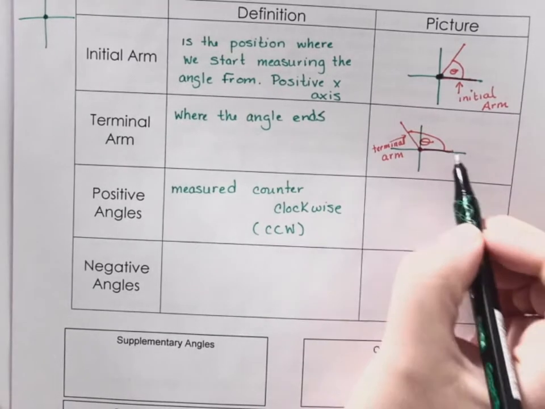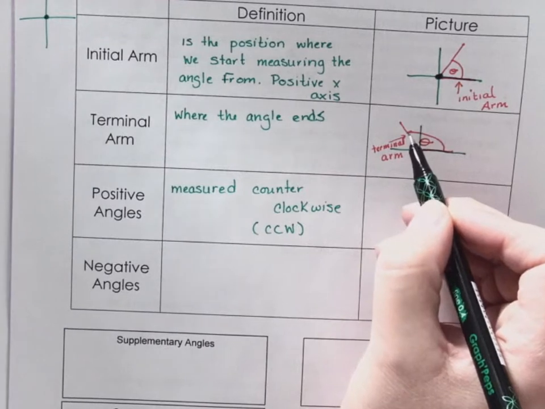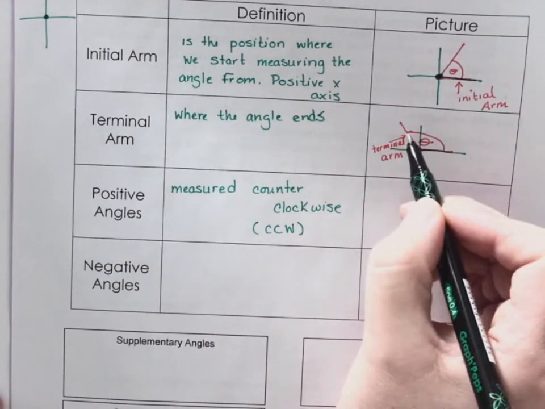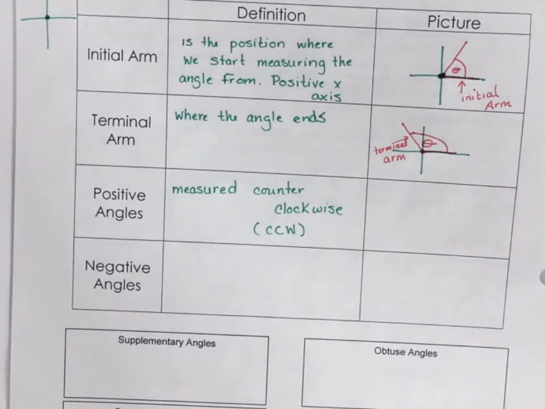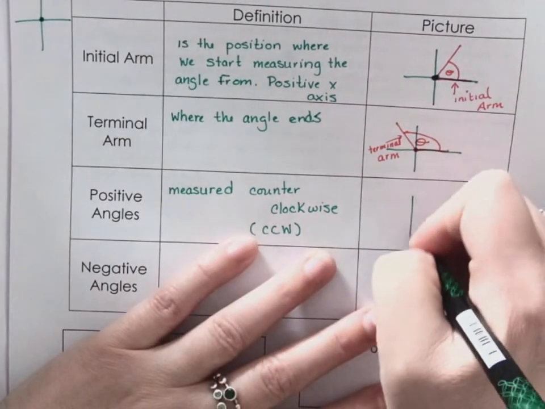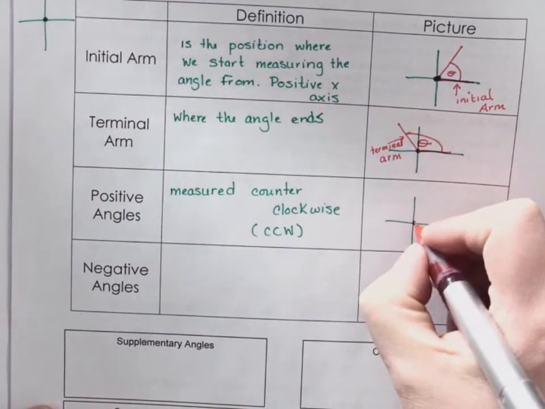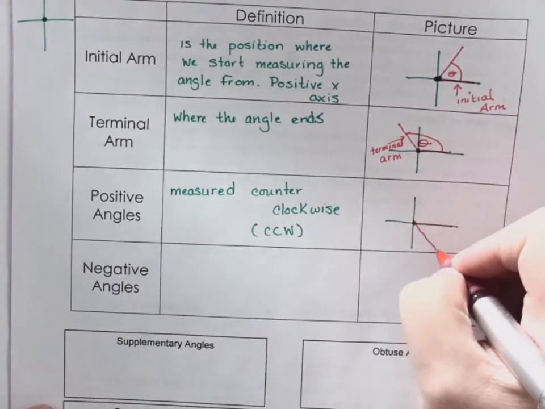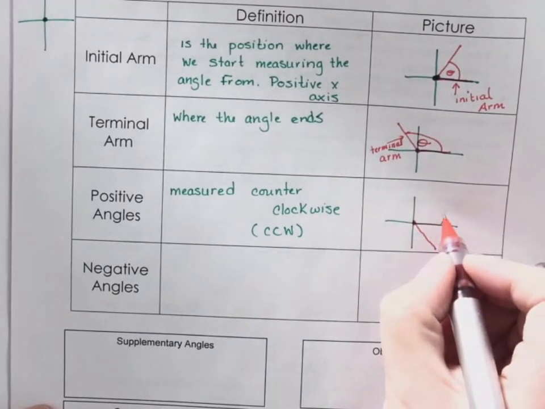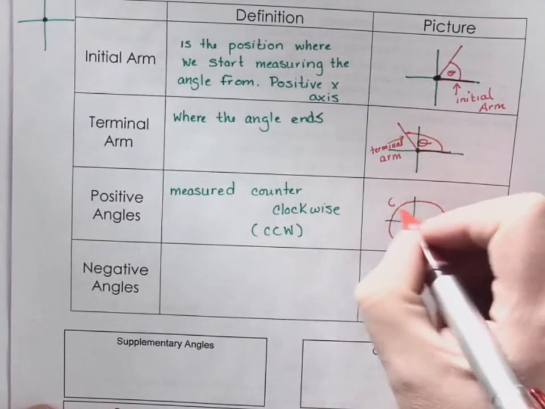So you saw me there. You guys all gave me that estimation of 110, 115, 120. You guys said that was positive, right? Which is awesome. I guess I've got to draw a picture with it. I love that I can switch colors and it actually looks like I'm switching colors. So a positive angle would go in a counterclockwise direction.